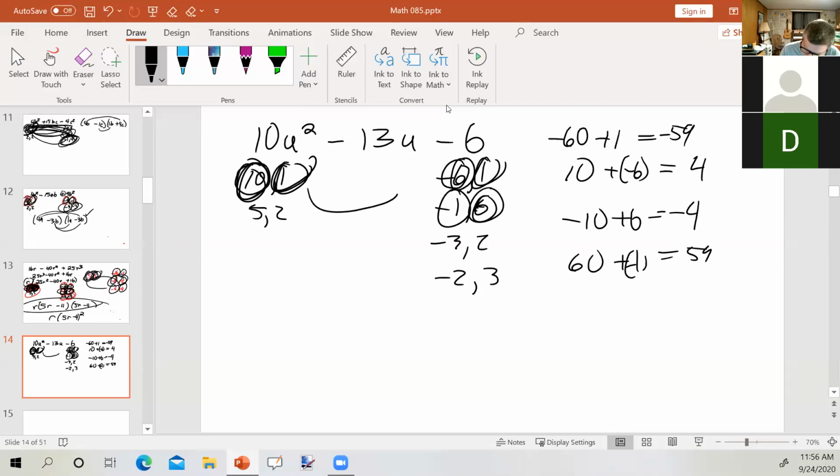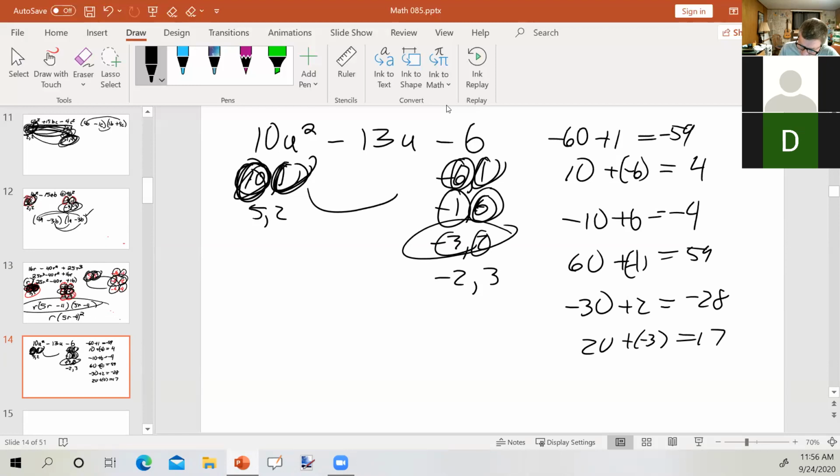Okay, 10 and 1 with negative 3 and 2. 10 times negative 3 is negative 30, 1 times 2 is 2, that's negative 28. 10 times 2 is 20, 1 times negative 3 is negative 3, that's 17. That didn't work.